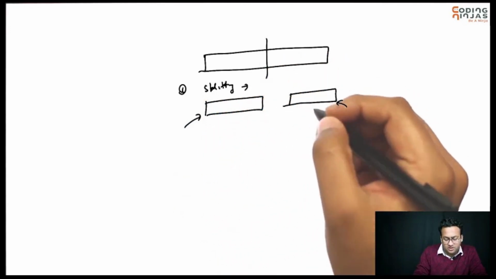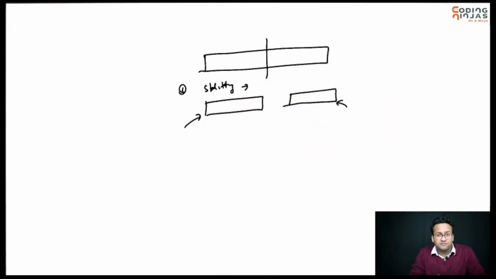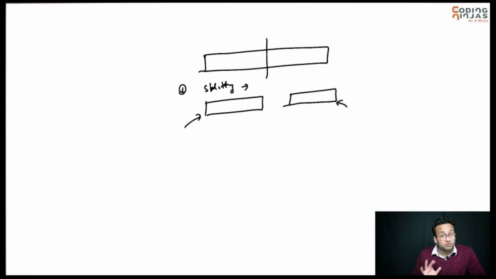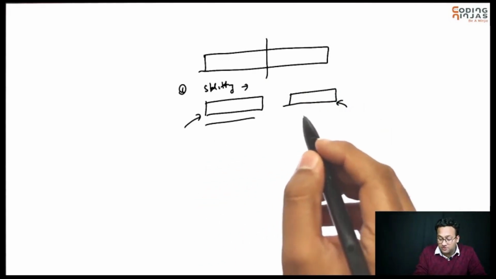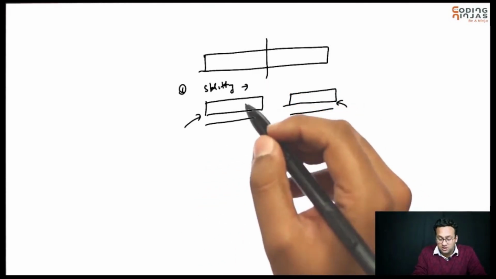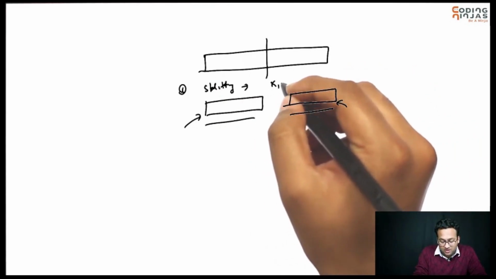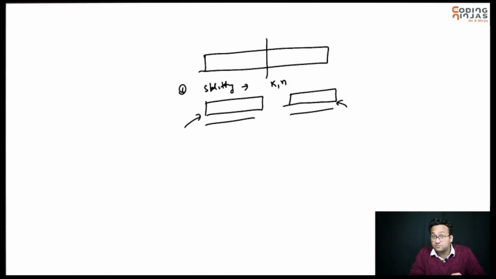If you have to copy the elements, whichever way you do it, for example in Python you can do slicing, if you are copying one by one or slicing, in both cases new arrays are formed and the elements are copied. So to copy n elements into two arrays, you are doing some constant k1 into n work.